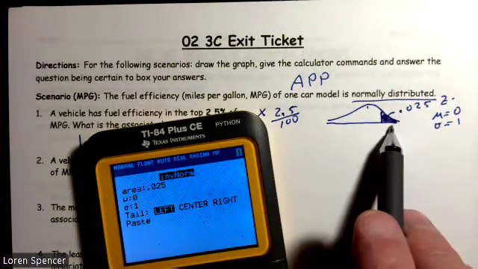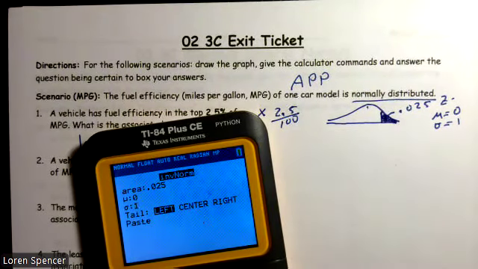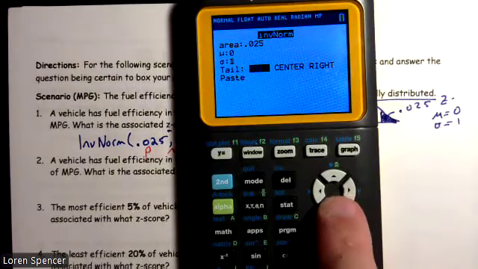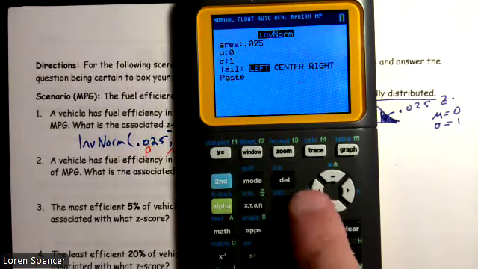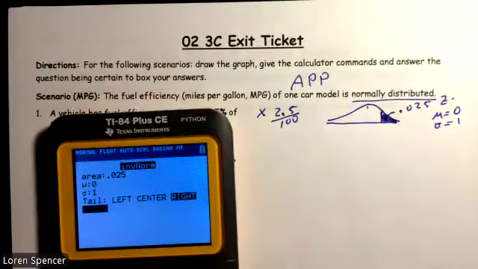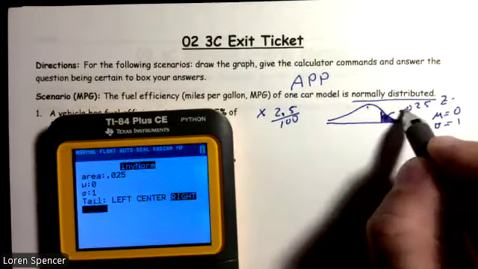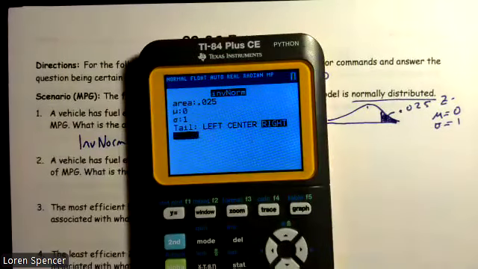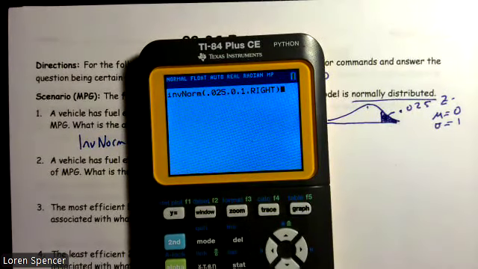Now, look, I shaded on the right-hand side, so I need to make sure that my calculator, because it's fancy, says right. So right needs to be highlighted. If your calculator doesn't do that, then you're going to have to do 1 minus the 0.025, and I'll show you that in just a moment. So I get a z-score of 1.9599.